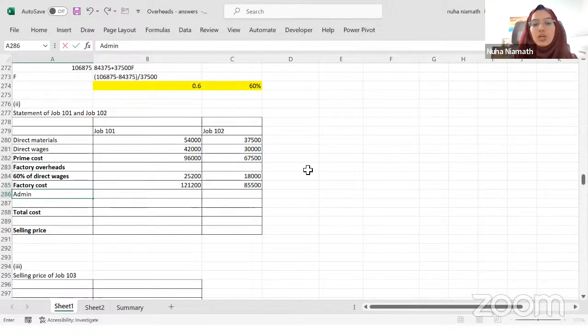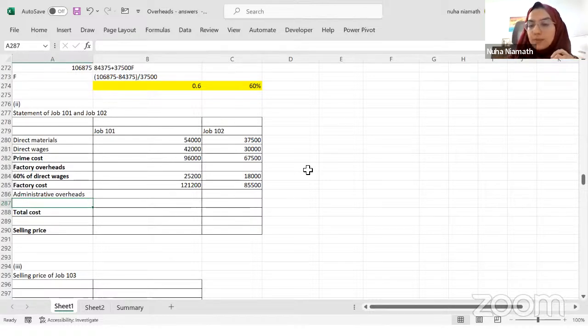Then we have something called the administrative overheads. Administrative overheads is what? Can somebody tell me in the chat box? Can somebody tell me the formula for administrative overheads? We just found it out, right?